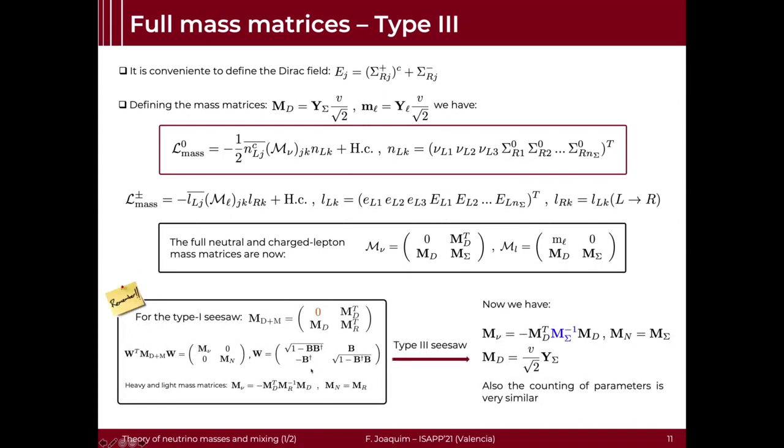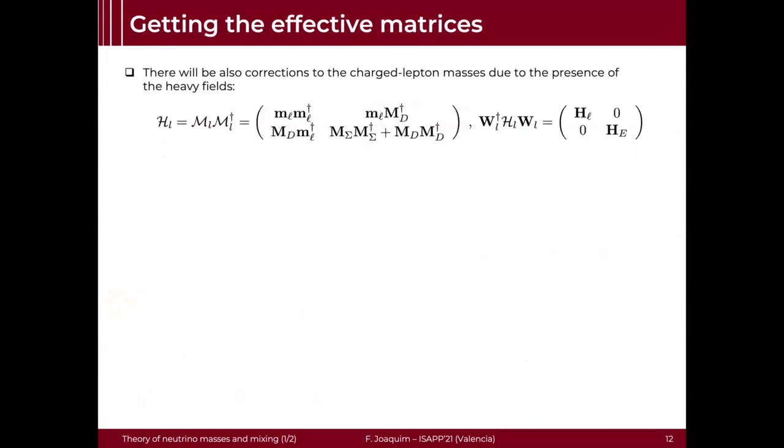Now again, we can do the same exercise as for the type 1. The result will be exactly the same, where now MR is replaced by M sigma minus 1. Also the counting of parameters is very similar to the type 1 seesaw. So what about the charged lepton masses?